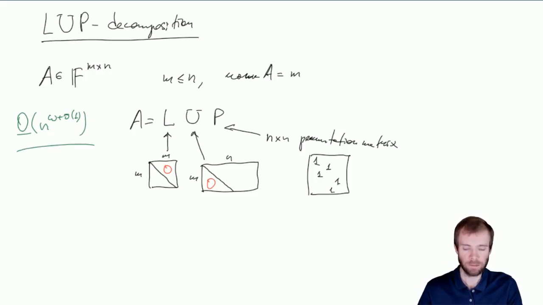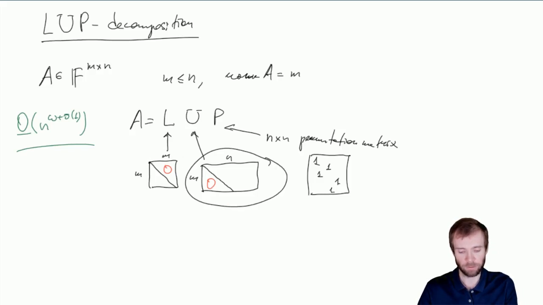Before we proceed with the proof that such a decomposition can be done efficiently, let's first discuss what it implies. Our ability to build such a decomposition quickly implies that we're able to invert arbitrary invertible matrices quickly, not just upper or lower triangular ones, because if every matrix can be decomposed into L, U, and P, then a square matrix can be decomposed into a lower triangular square matrix, an upper triangular square matrix, and a permutation matrix.